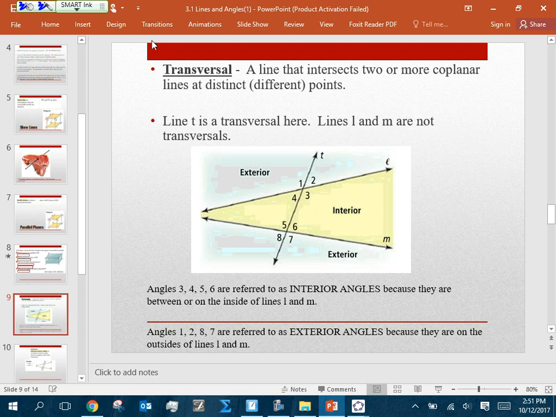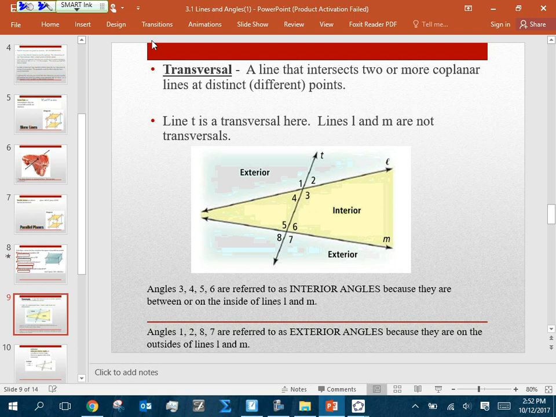It really could be 3 other lines or 4 other lines or 5 other lines, however many other lines we want. But those lines have to be coplanar. So a transversal is going to intersect 2, 3, 4 other coplanar lines.